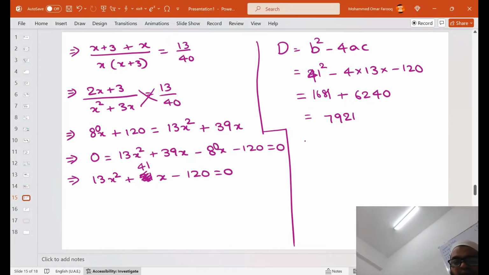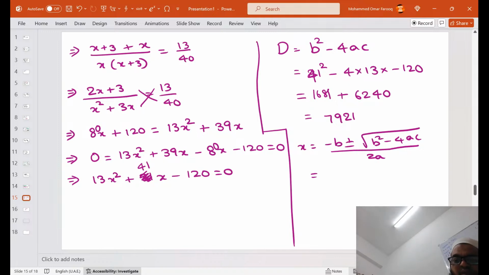So therefore x is equal to minus b plus or minus square root of b square minus 4ac divided by 2a. What is b? b is 41, so minus 41 plus or minus the square root of 7921. You said 89, right? And 2a is 26.